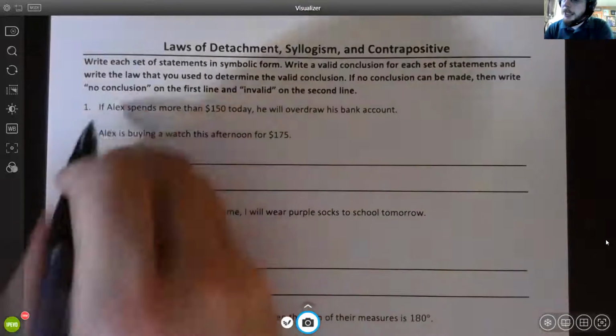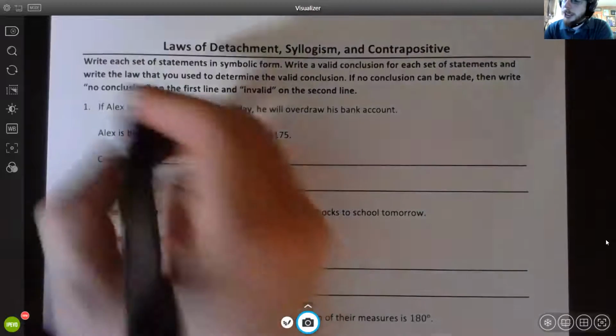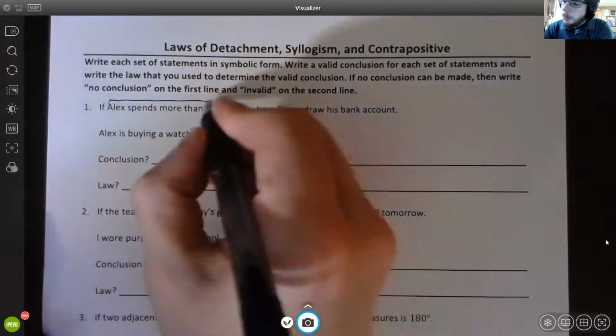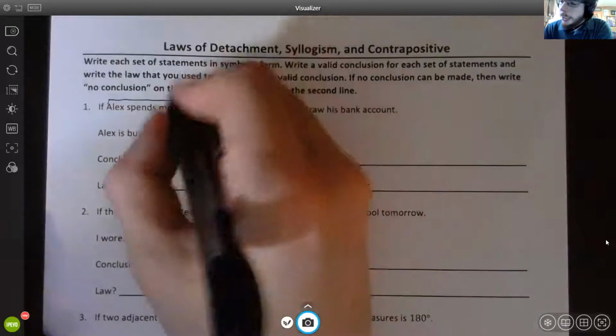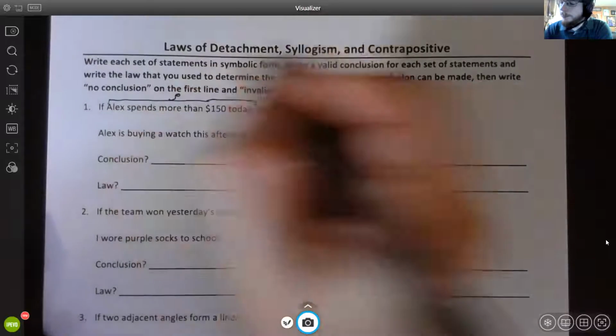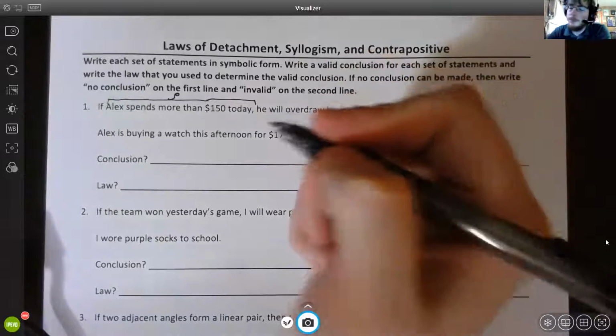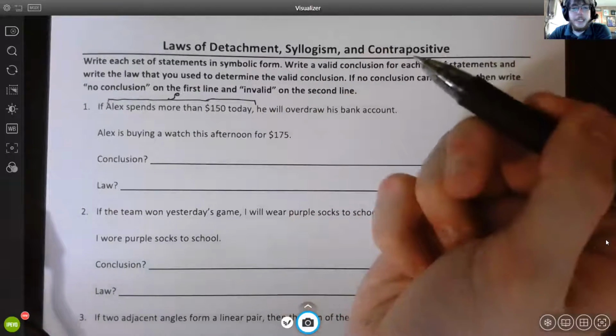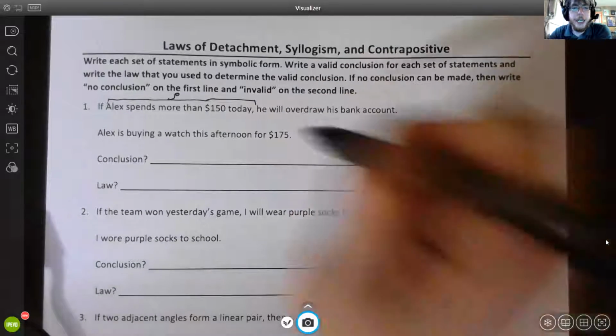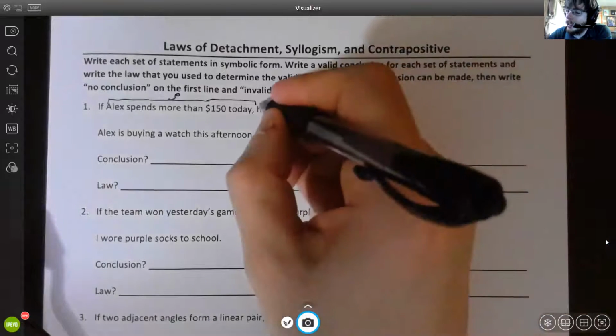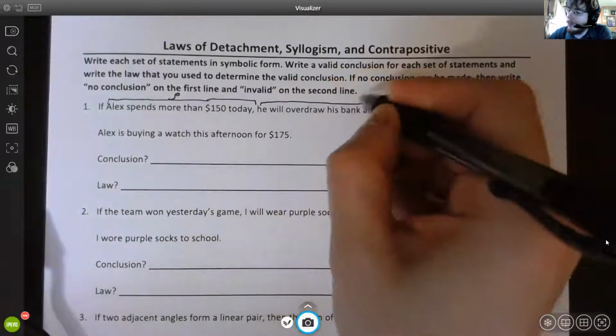So in this case, the hypothesis for our first if-then statement is Alex spends more than $150 today. The next statement will be Q in that if-then statement. So that means that he will overdraw his bank account will be Q.